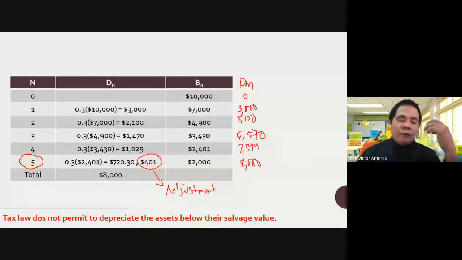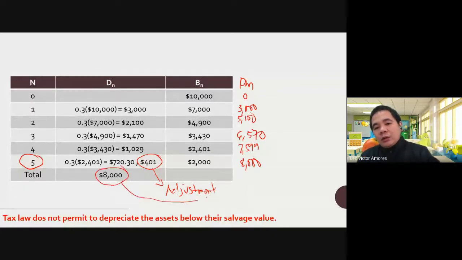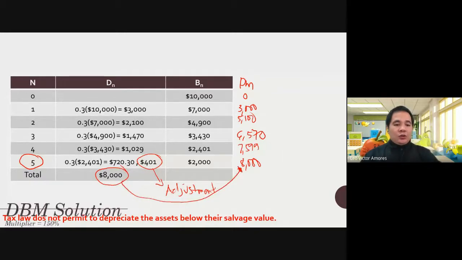Also, the main use of the accumulated depreciation is to double check whether your yearly depreciation in a summary would be equal to the 8,000 last year accumulated depreciation.